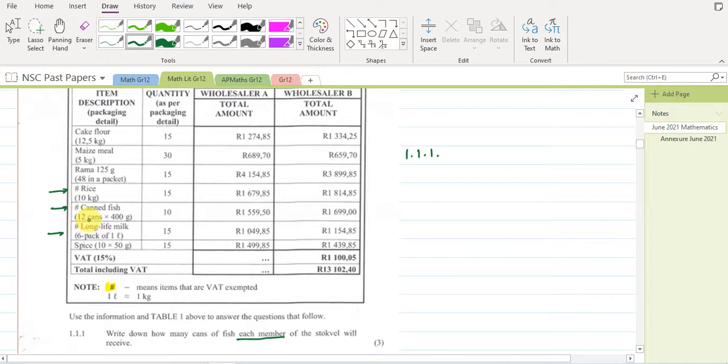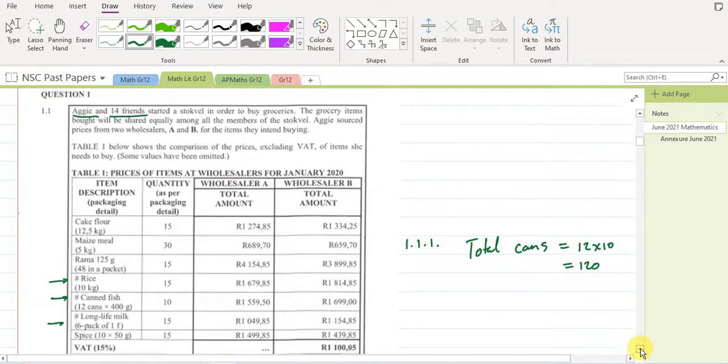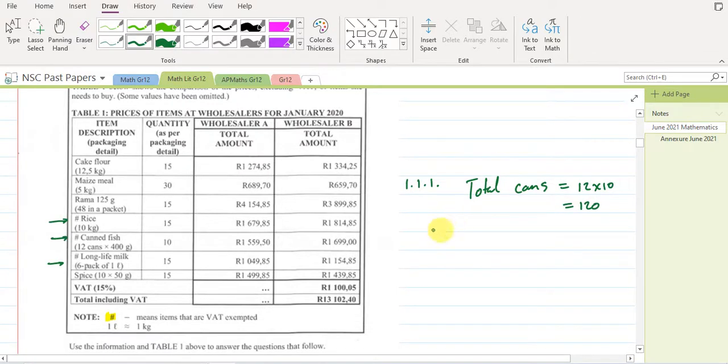So in total the number of cans is 12 times 10, which is 120. And how many members are there in the stock fair? There are 15 members, because Aggie and 14 friends, so the number of members is 15.